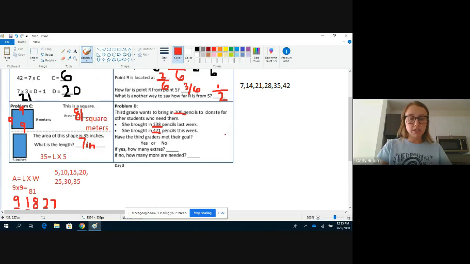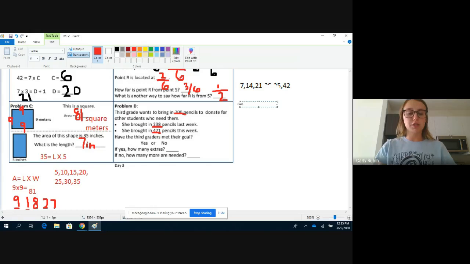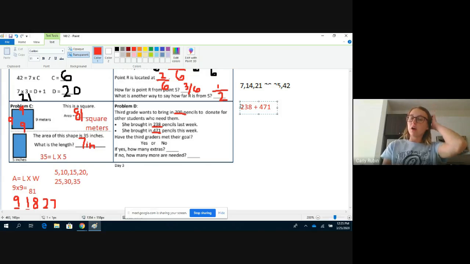So I'm going to start by doing an addition equation. So I know my addition equation is going to be 238 plus 471. And we all know how to do our addition.